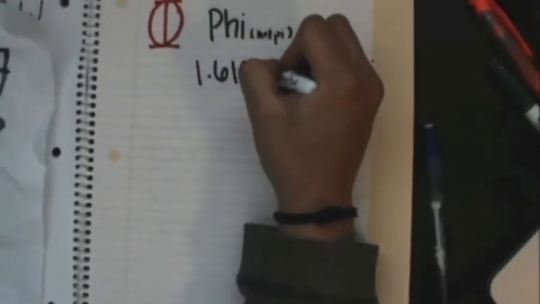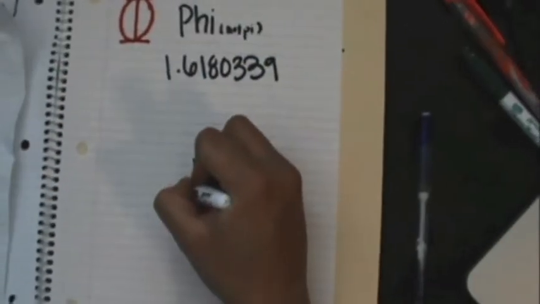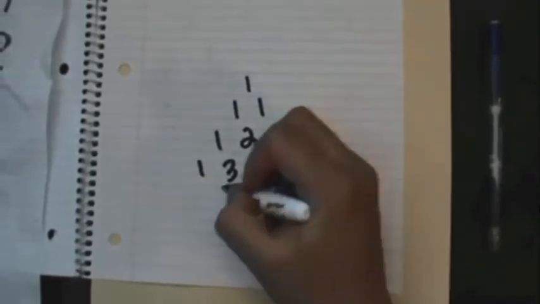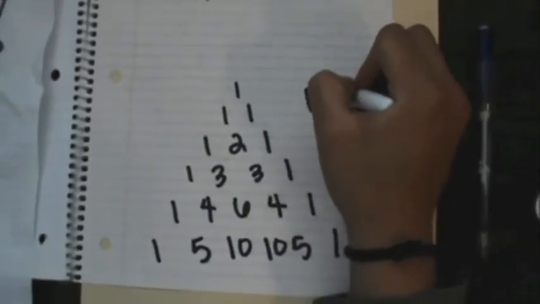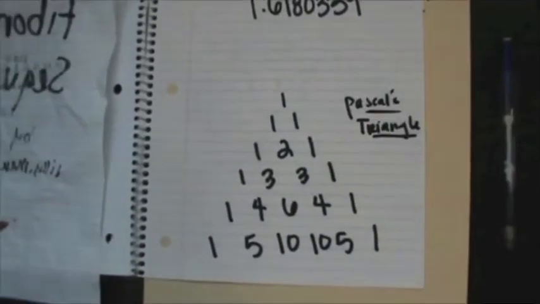To get this, you'd use the equation f of n equals phi to the n divided by 5 to the 1/2. There are many different theorems and formulas and proofs that coincide with or have direct relation to the Fibonacci sequence, including Pascal's triangle, which is used for probability and statistics.